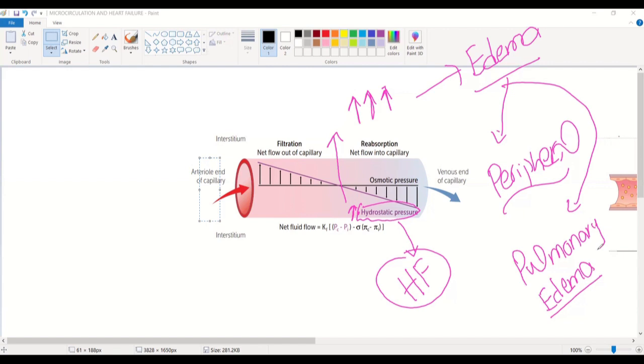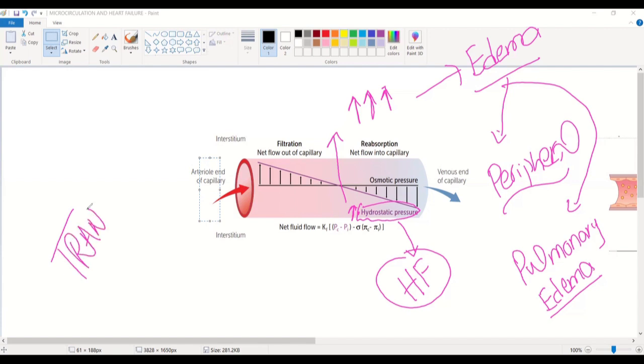So due to the increased hydrostatic pressure, what terminology is it, exudate or transudate fluid? It's transudate. If it is due to a decrease in oncotic pressure, then it is also transudate.